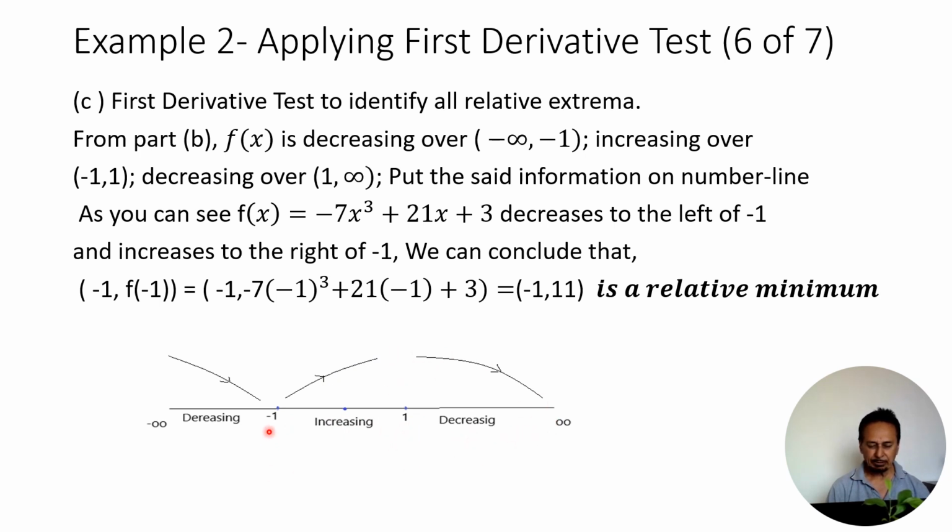So you can see to the left side of minus 1 is decreasing, and to the right side of minus 1 is increasing. So we can conclude that at minus 1, the function evaluated at minus 1, which is equal to minus 7 times minus 1 cubed plus 21 times minus 1 plus 3, which is equal to minus 11, so the point minus 1 comma minus 11 is a relative minimum.